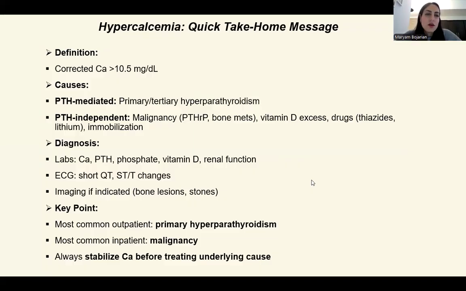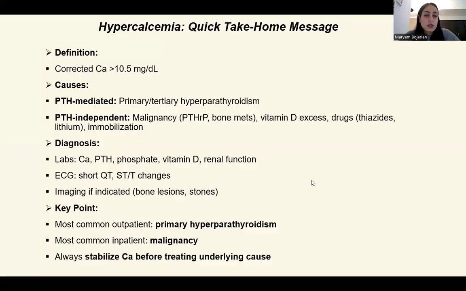And a quick take-home message. The definition is a corrected calcium of more than 10.5. I'm going to emphasize again, always report corrected calcium. On causes, the first thing you have to order after a diagnosis of hypercalcemia is parathyroid hormone, because you want to know what your next step is going to be. Either your patient has PTH-mediated or non-PTH-mediated hypercalcemia. PTH-mediated includes primary hyperparathyroidism, FHH, or tertiary hyperparathyroidism, and non-PTH-mediated includes malignancy, vitamin D toxicity, and drugs, as we discussed.